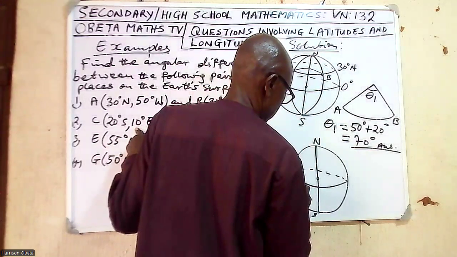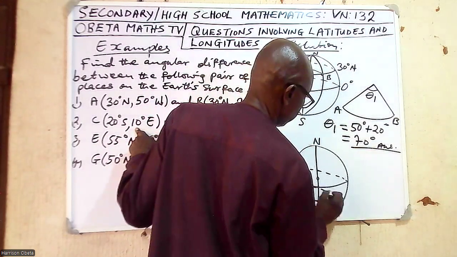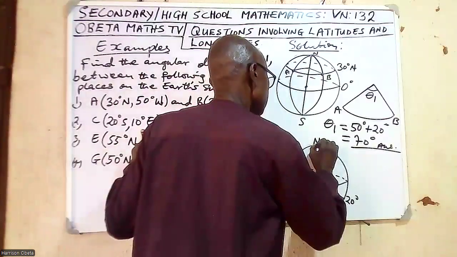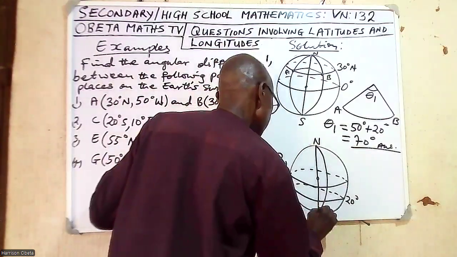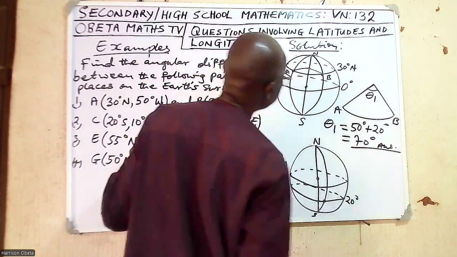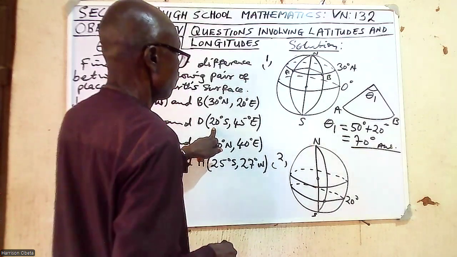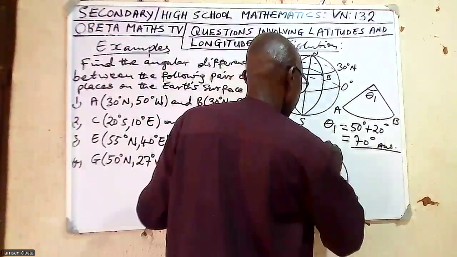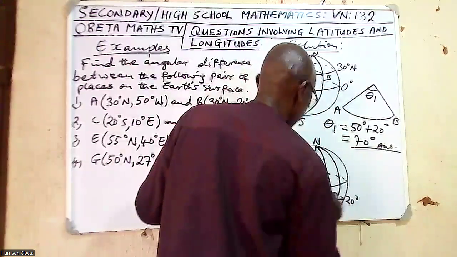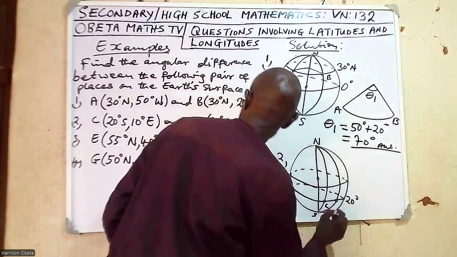So let's take this to represent our 20 degrees, and then 10 degrees east. So the point we are looking for is this. Then 20 degrees south again, 45 degrees east. Take this to be our point. So this one should be C, and then D.